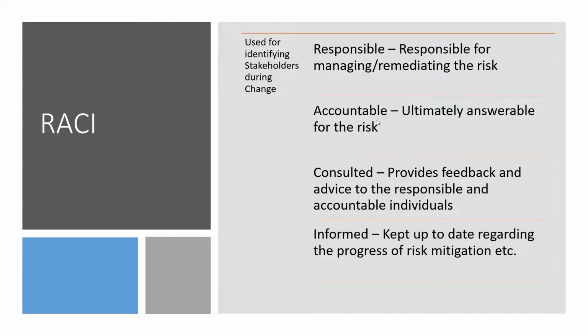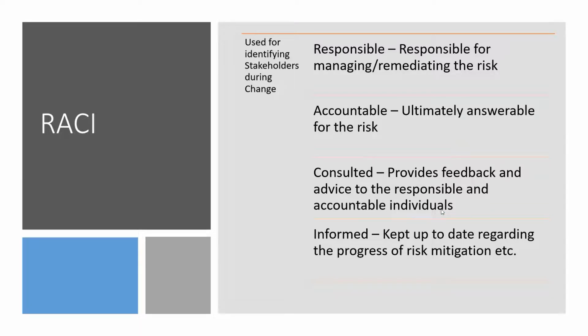A is those who are ultimately answerable, accountable for the risk. That is our board, an SMT. Consulted, they will provide feedback and advice to the responsible and accountable individuals.